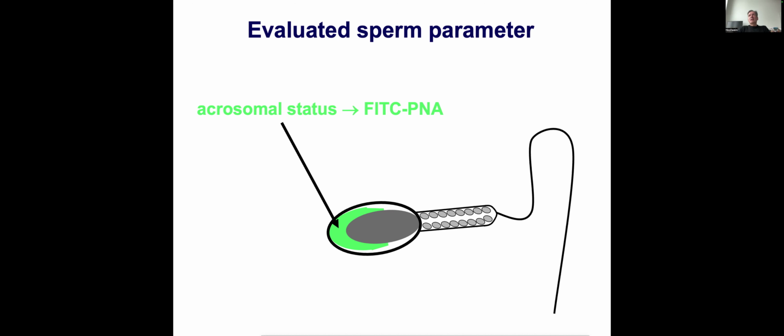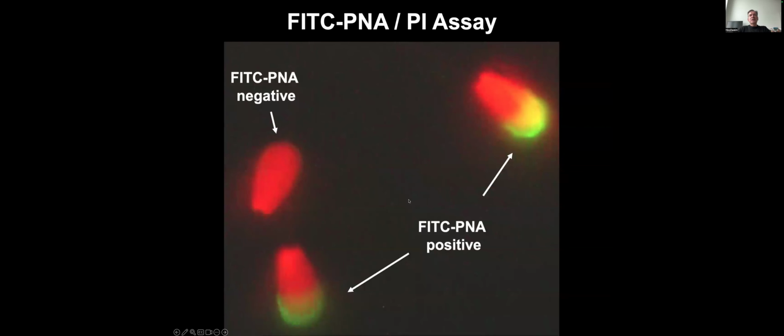And we are looking at the acrosome by using peanut agglutinin combined with FITC, which is showing a green fluorescence. And if there is, for example, a disturbance of the acrosome, then there is a green fluorescence.